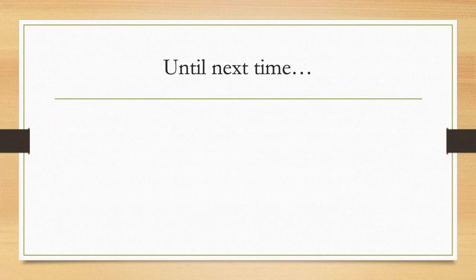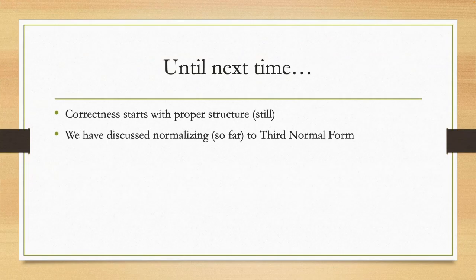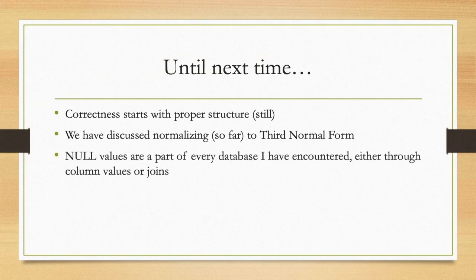All right, so I've told you a little bit about null, showed you a little bit about how it works. It's a pain, but it is what it is. And again, I'll say it again, correctness starts with proper structure, and null is part of that. Normalizing up to third normal form didn't change that.